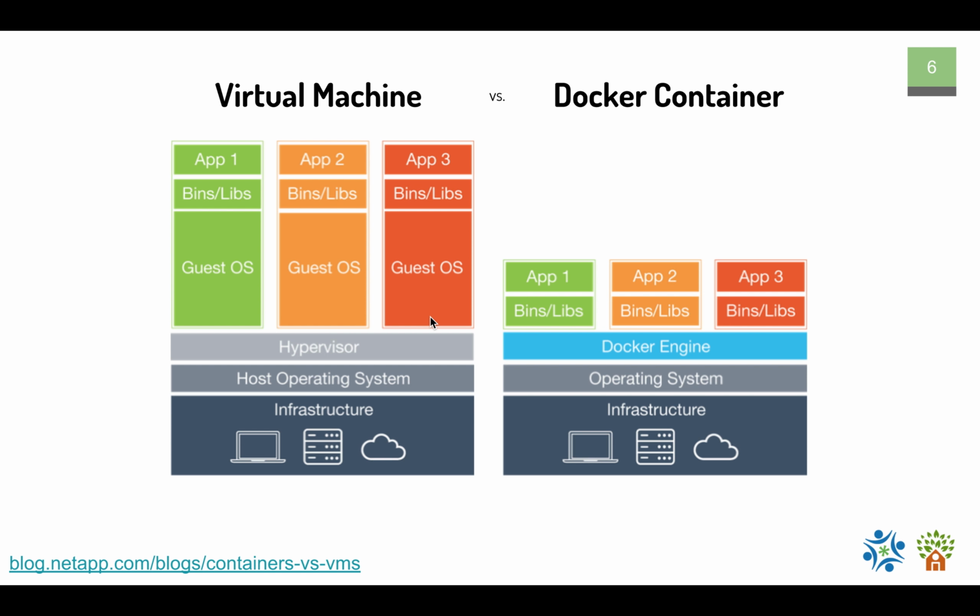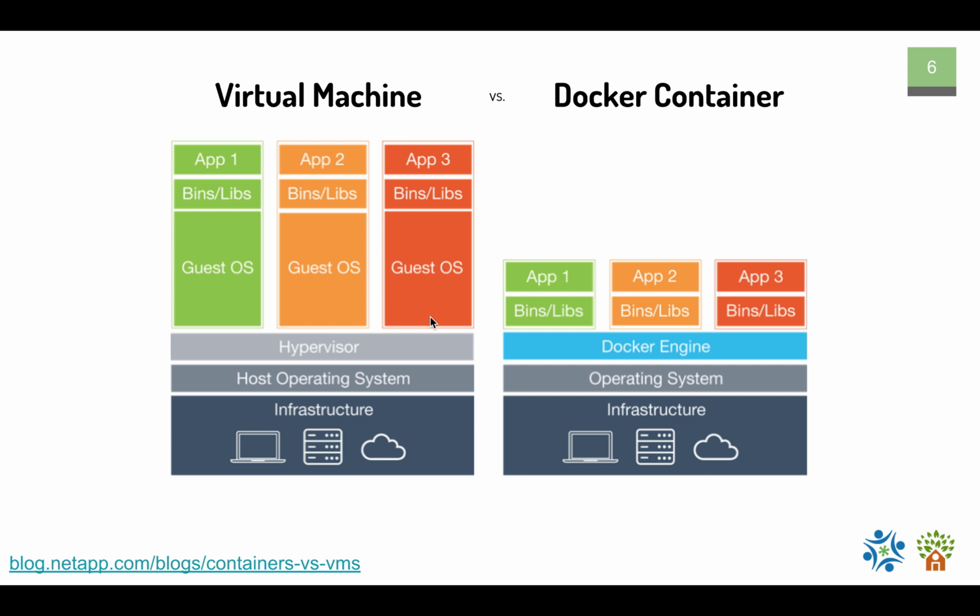Then we install the host operating system. It can be Mac, Linux, or Windows, and then we install another OS on top of our OS. With a hypervisor layer, we install a virtual machine with another OS, and then in that OS we install another service.